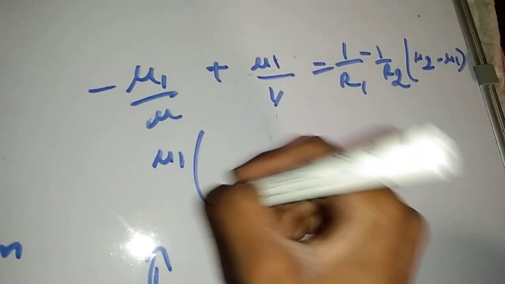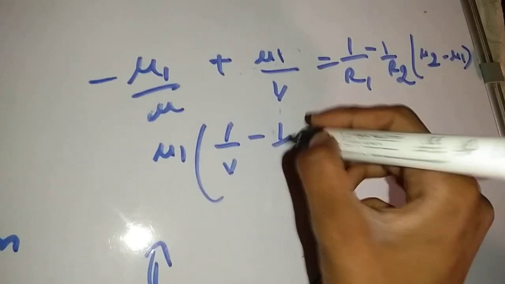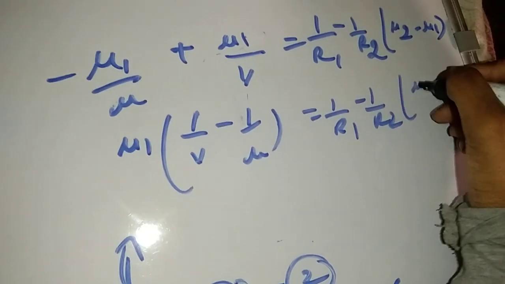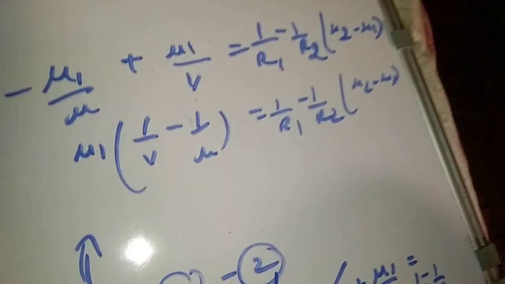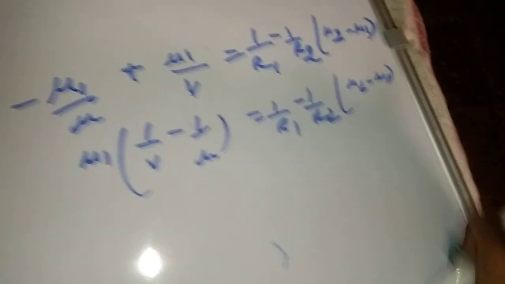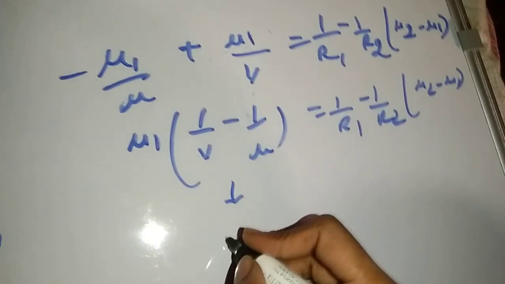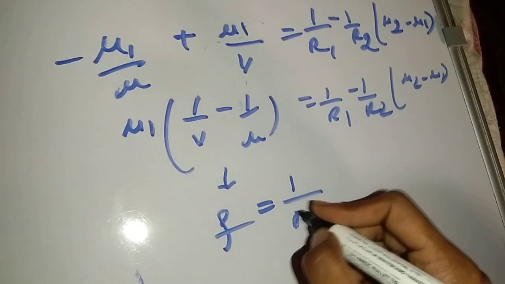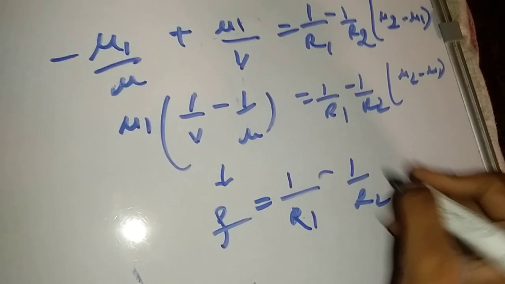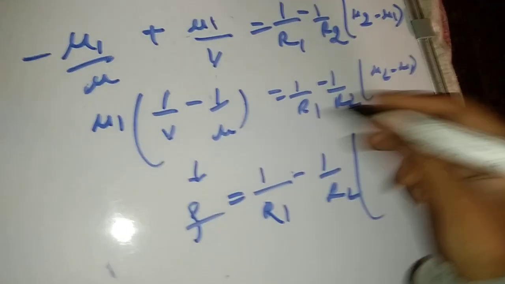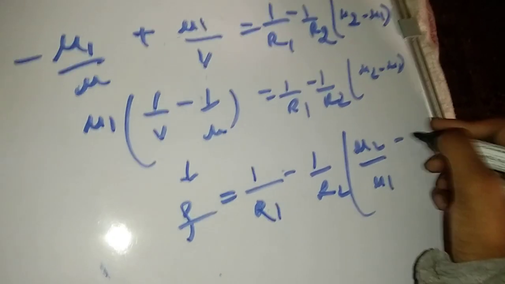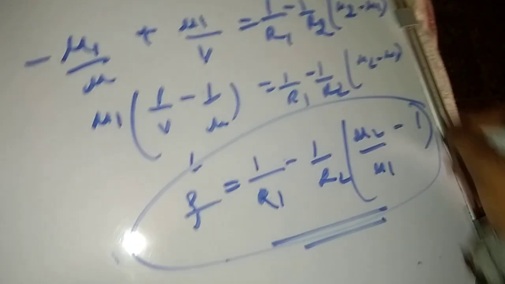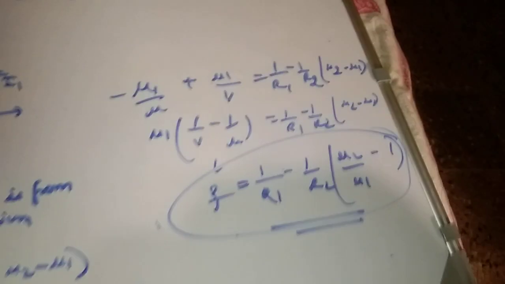So if I take mu1 common, it is going to be mu1 times 1 upon v minus 1 upon u, equal to 1 upon r1 minus 1 upon r2, times mu2 minus mu1. Now let this 1 upon v minus 1 upon u become 1 upon f. You know that formula, right? So now mu1, if I take it to that side, what will I get? I'm going to get 1 upon f equal to mu2 upon mu1 minus 1, times 1 upon r1 minus 1 upon r2. This will be your answer. That's it.